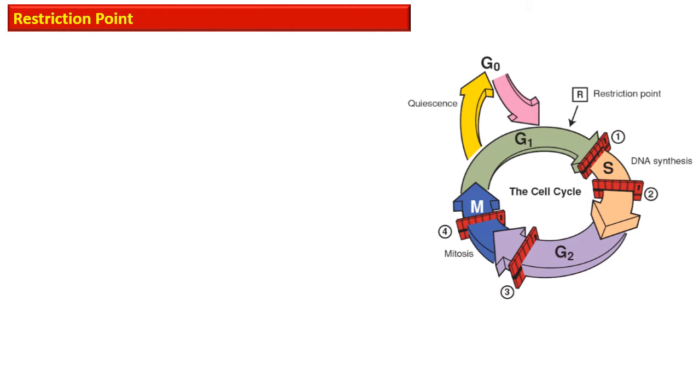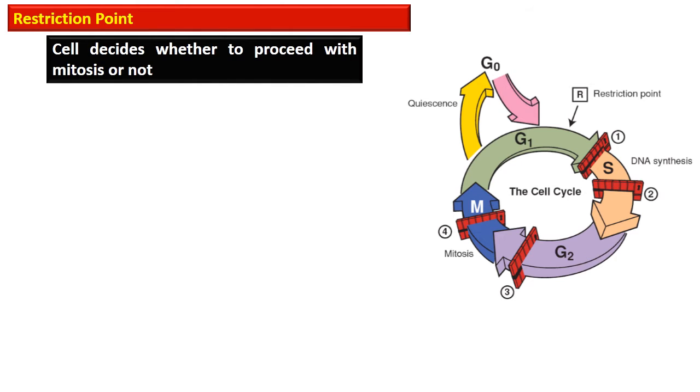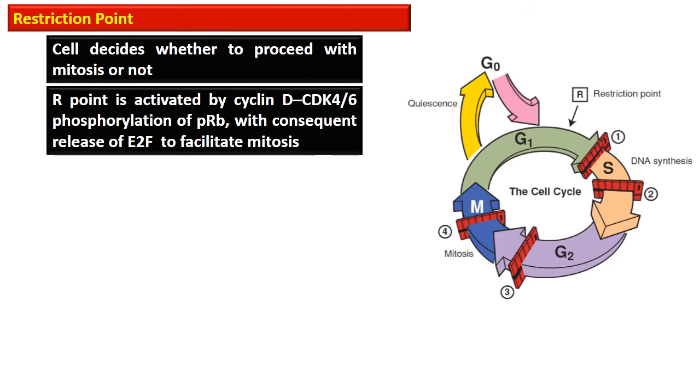The restriction point is during G1 phase. It is the point where the cell decides whether to proceed with mitosis or not. This restriction point is activated by cyclin D, cyclin dependent kinase 4 and 6 phosphorylation of RB protein, and there is subsequent release of E2F to facilitate mitosis.